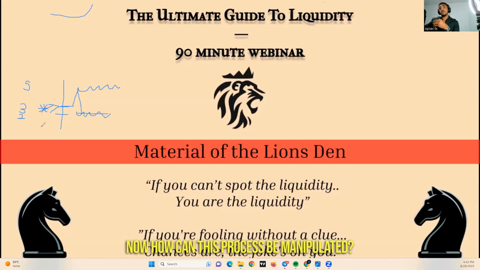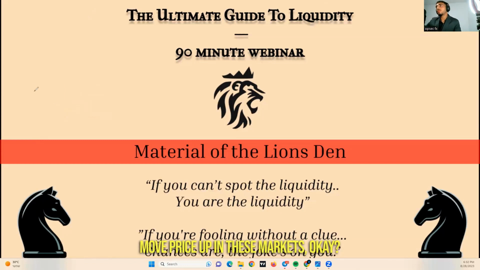Now, how can this process be manipulated? Well, let's just say I want to move price up in these markets. Okay, now let's just draw out a graph. So here is the price of 0.